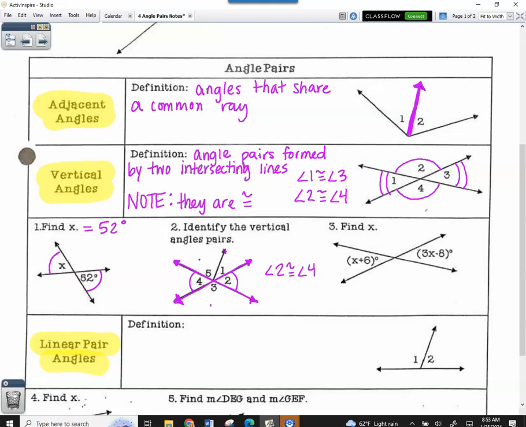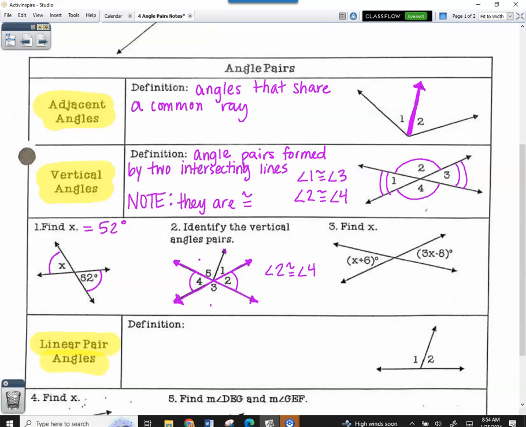All right, go to number 3. We've got some algebra involved. Stay with me, y'all. It says find x. Number 3 is the same thing as number 1. It's just more complex. How do we set it up? We've got multiple choice options. They're equal to each other.